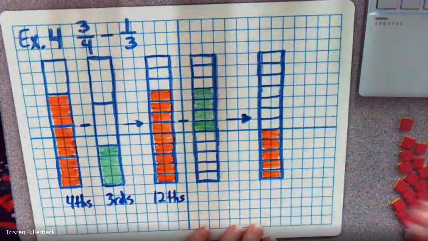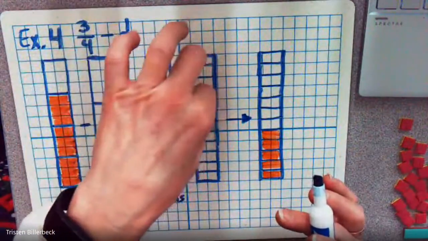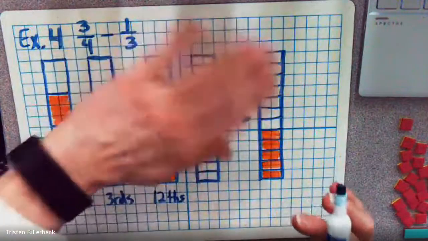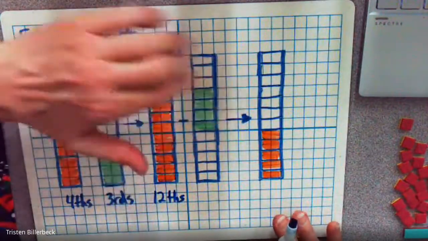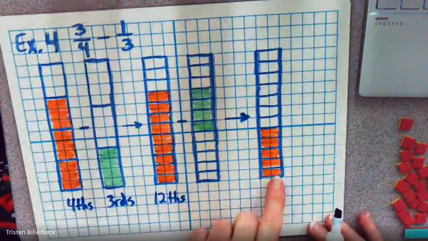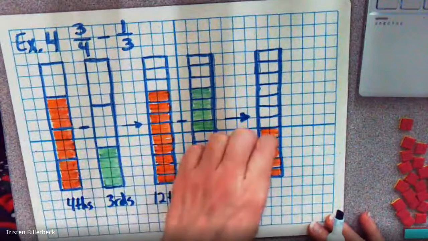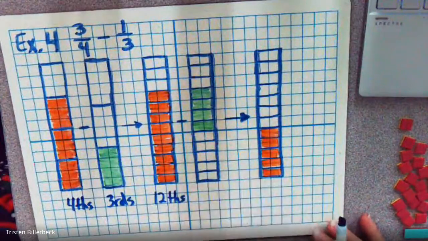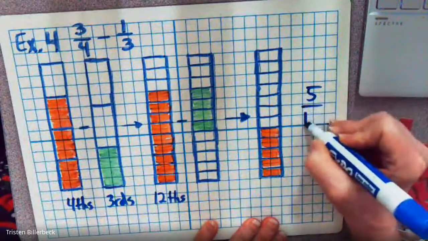Okay, so now I'm going to subtract my 4 12ths from this. So I put the 4 12ths up here so I could just take that away. Okay, so then the remaining were the 1, 2, 3, 4, 5. So I ended up with 5 12ths.